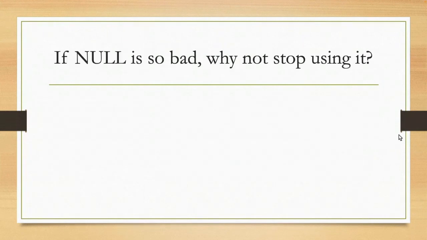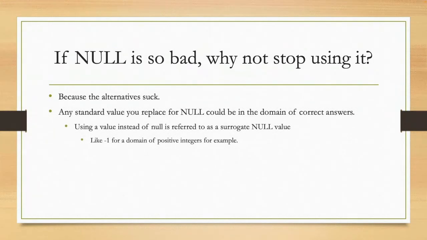So if null is so bad, why not stop using it? Well, the alternatives just suck. I can't say it any clearer than that. Because a lot of people come up with what's known as a surrogate null value. Like if you have a domain of positive integers, you might say -1.